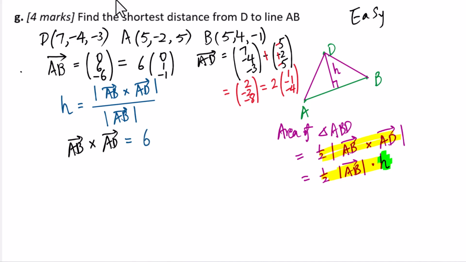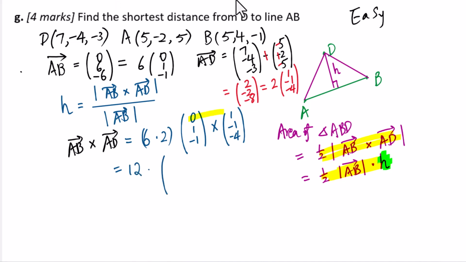Take a common factor out. 6 times 2: 0, 1, -1, cross 1, -1, -4. We got 12. Cover the first row. 1 times -4 is -4 minus -1 times -1 is 1. Cover the second row.